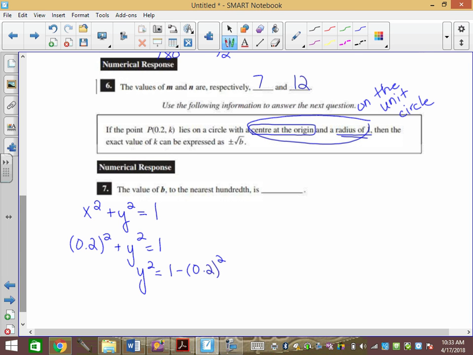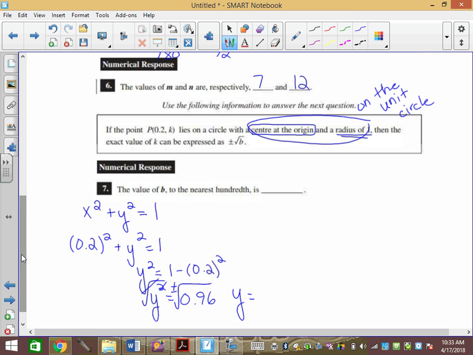When you take the square root, what are you going to... So we're going to get, yeah, y squared equals 0.96. Then you take the square root, which is plus or minus. So y would equal, do we have to work it down and then give the answer?